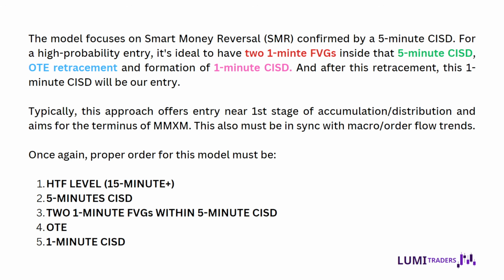Once again, take a note right here. Proper order for this model must be first, high time frame level, 15 minute and higher, 5-minute change in the state of delivery, two 1-minute imbalances, two 1-minute fair value gaps within 5-minute change in the state of delivery, OTE retracement, and 1-minute change in the state of delivery.